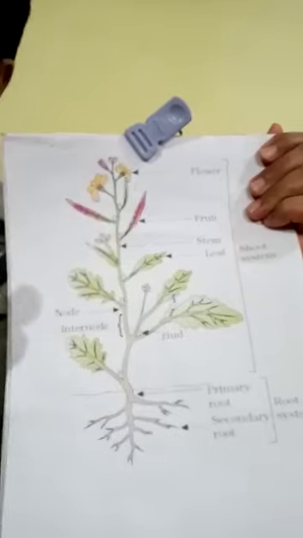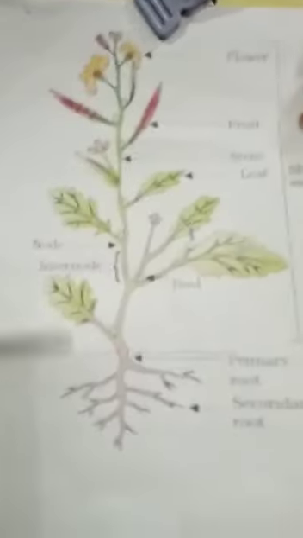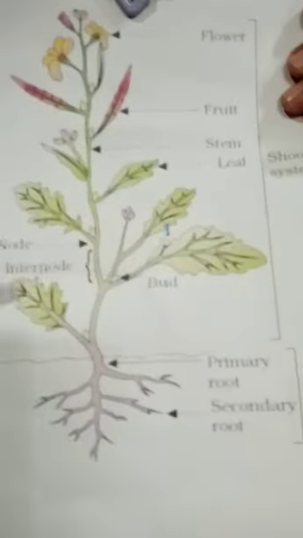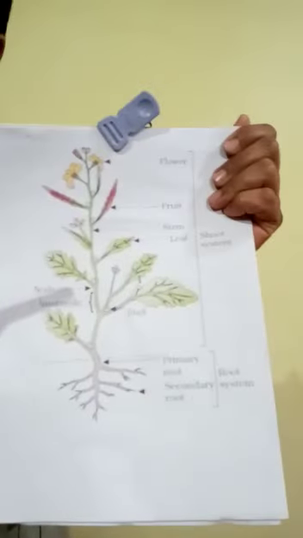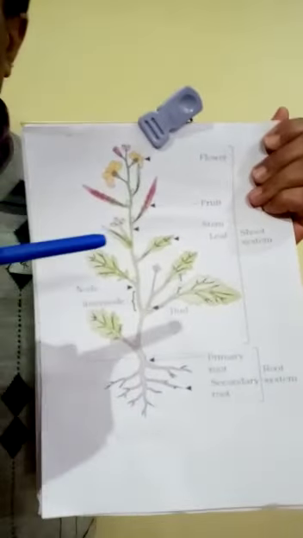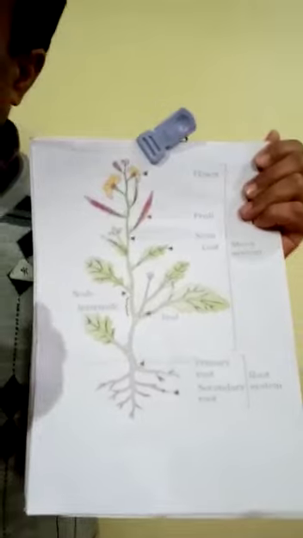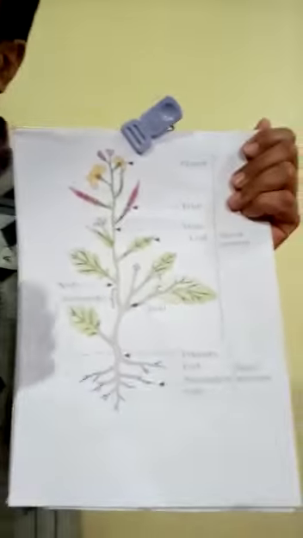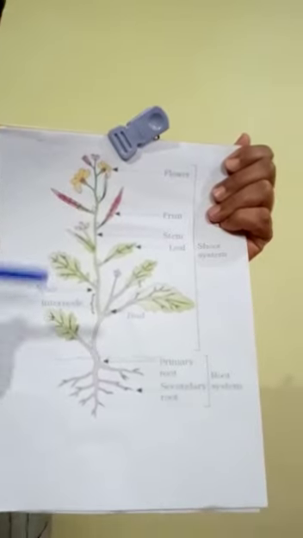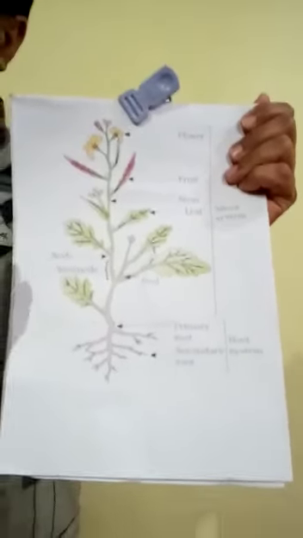The second part, present above the soil surface, consists of the stem, branches, leaves, buds, flowers, fruits and seeds, and all these parts together form the shoot system.